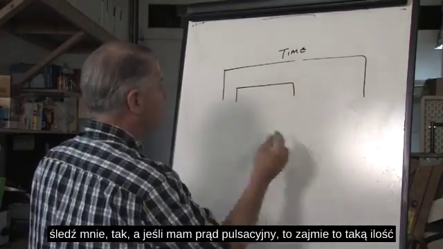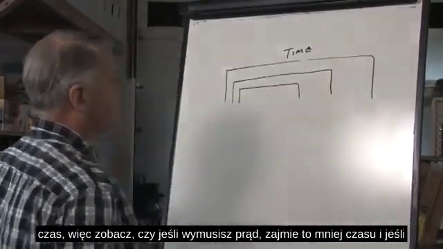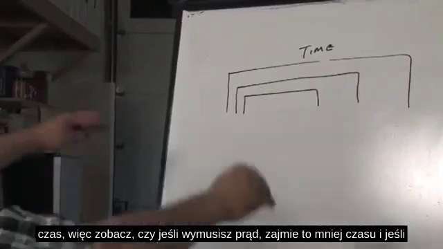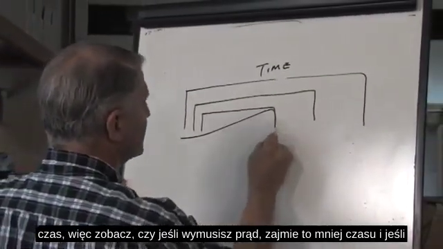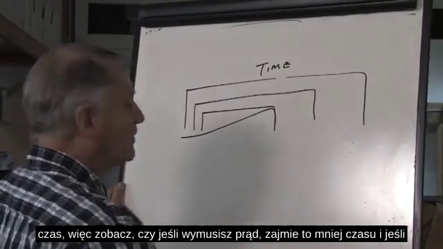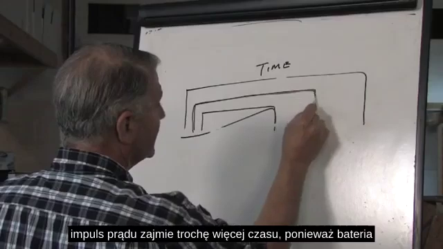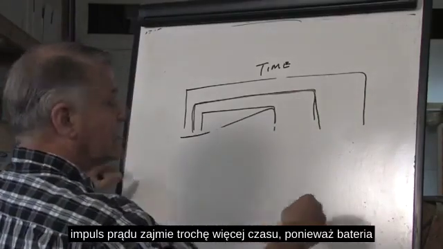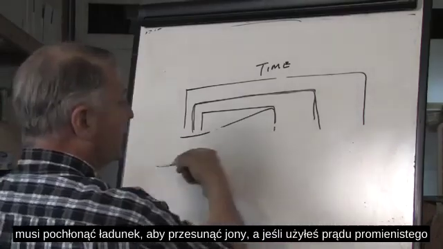And if I have pulse current, it's going to take that amount of time. So if you force the current, it's going to take less time. And if you pulse the current, it's going to take a little longer because the battery has to absorb the charge to move the ions.